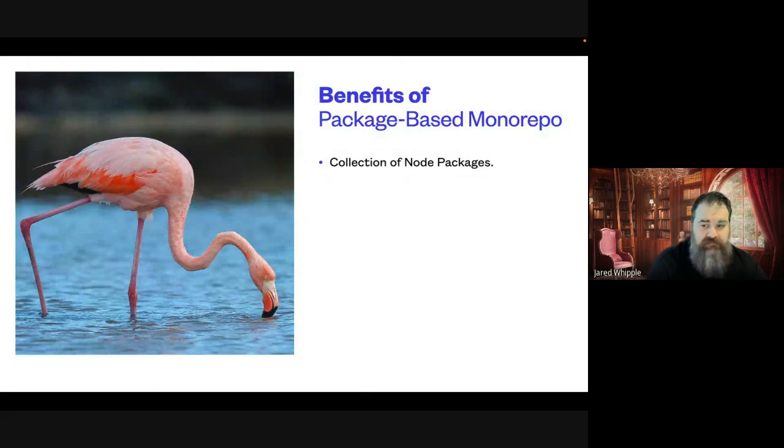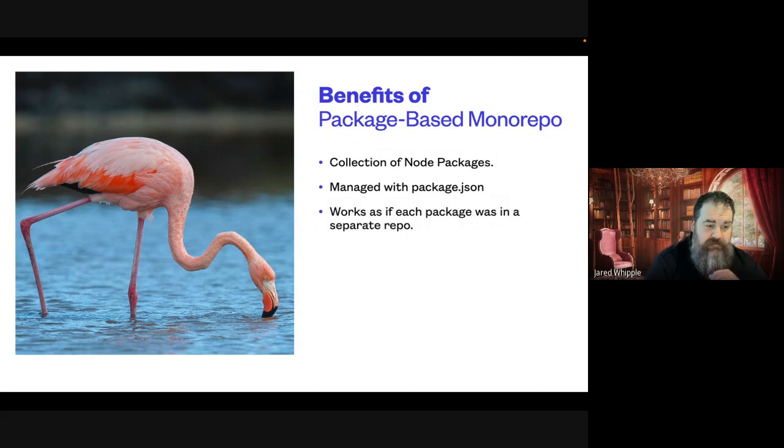It's just a collection of node packages, and you do it the same way that you would if you were building those in separate repos. Everything is just managed with a package.json file, and everything works just as if each package was in a separate repo.